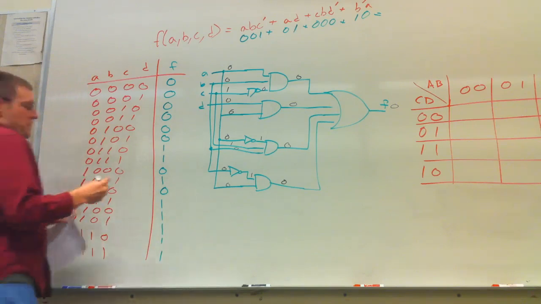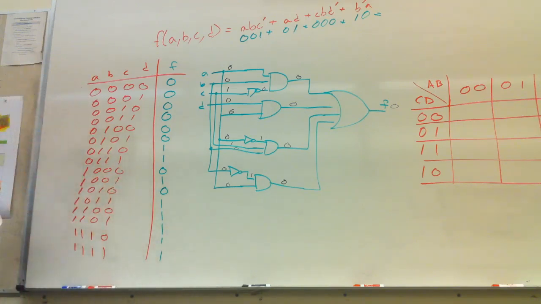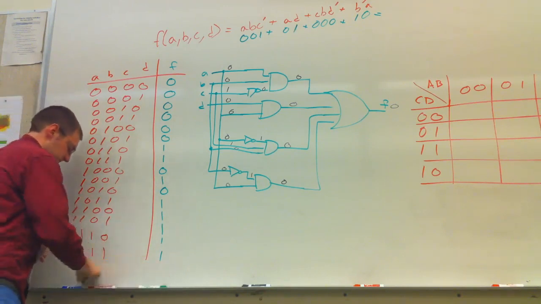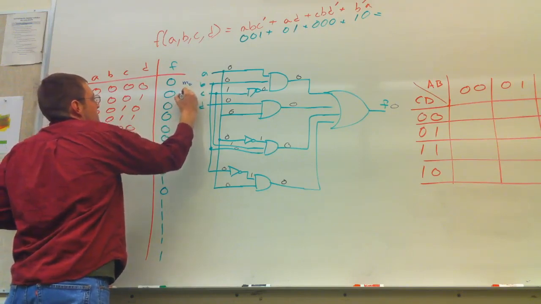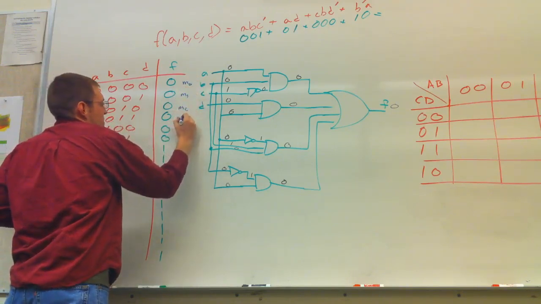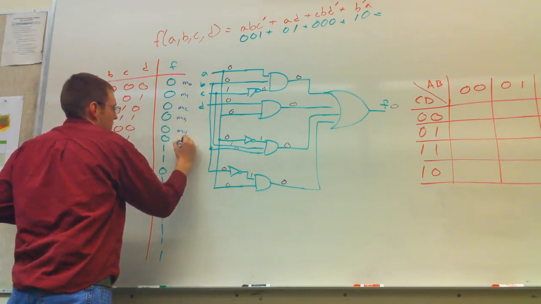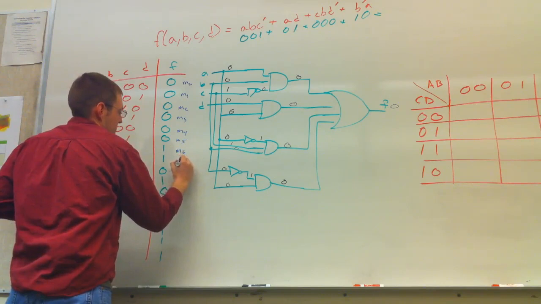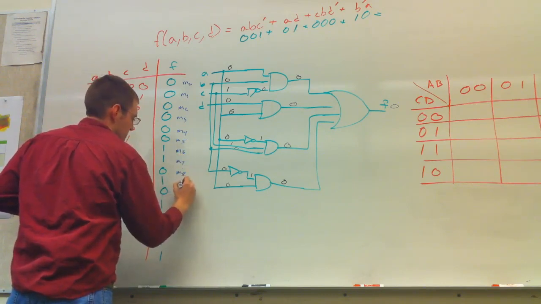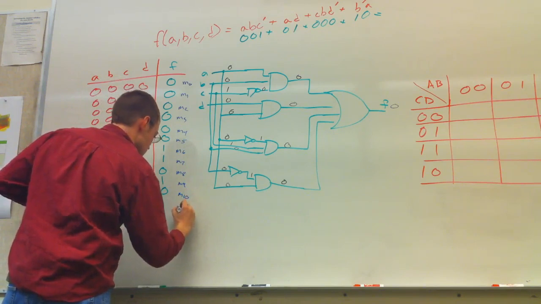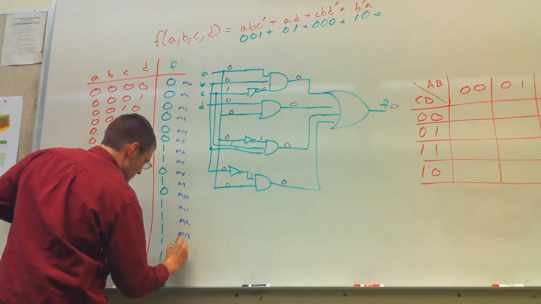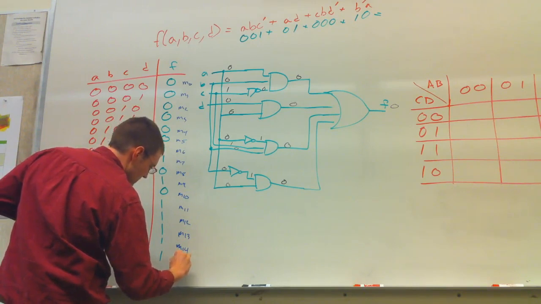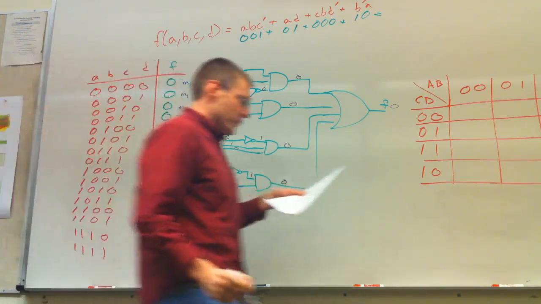So I'm going to label these again, as we did on the other Karnaugh map. So, 0, and 1, 4, 5, 6. Over here, do the same thing.